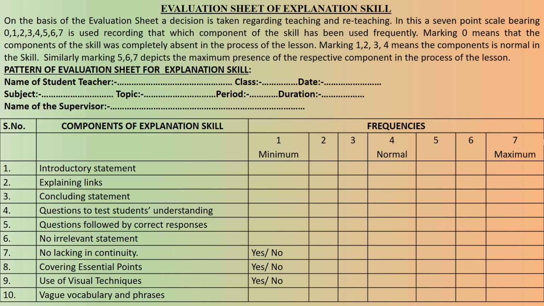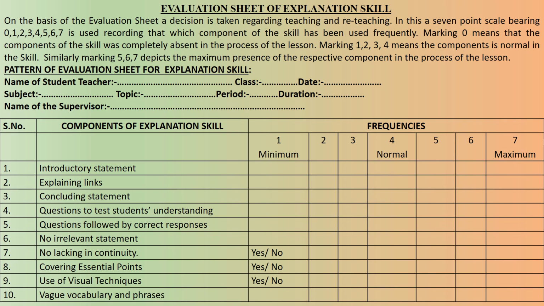The components of explanation skill of micro teaching are introductory statement, explaining links, concluding statement, questions to test students' understanding, questions followed by correct responses, no irrelevant statement, no lacking in continuity, covering essential points, use of visual techniques, and vague vocabulary and phrases.